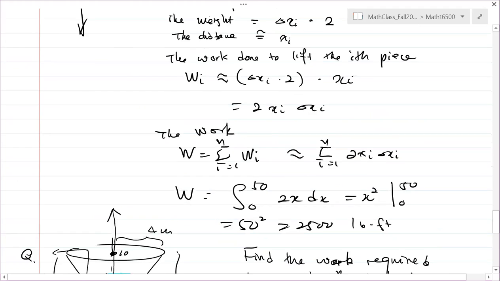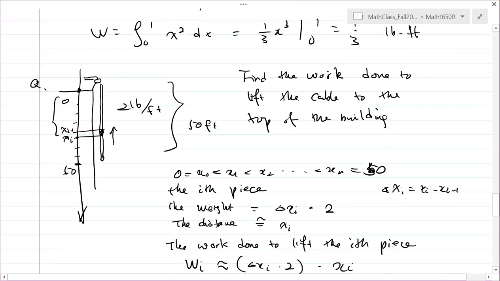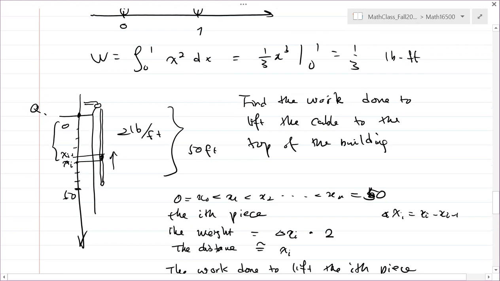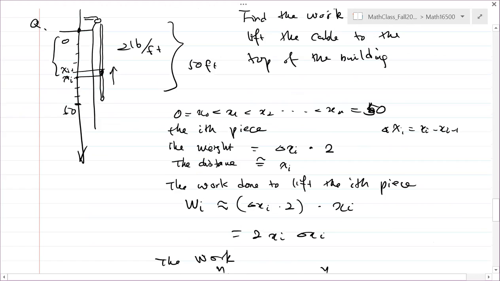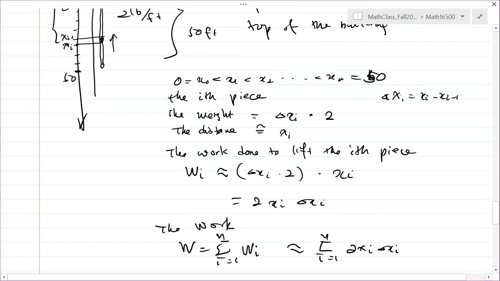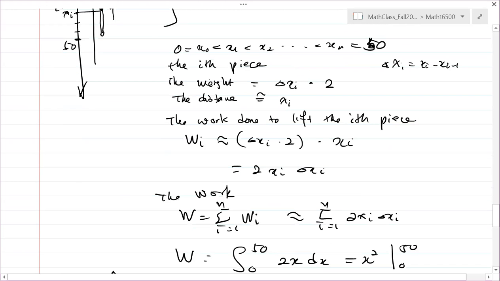We always use a calculus idea: divide it into many pieces, and then you look at each piece. All right, let's look at one more simple problem.